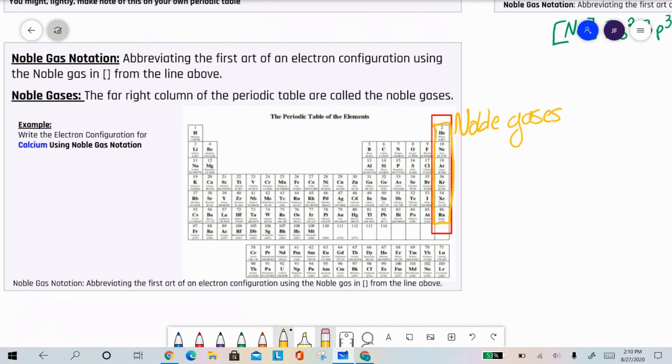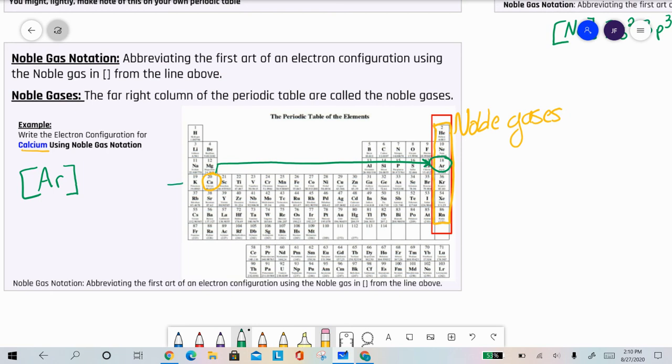If I want to write the electron configuration for calcium, which is right here, using the noble gas notation, then I ask what noble gas is a row above and at the end? Well, it's argon. So the first part of this electron configuration is the exact same as argon.